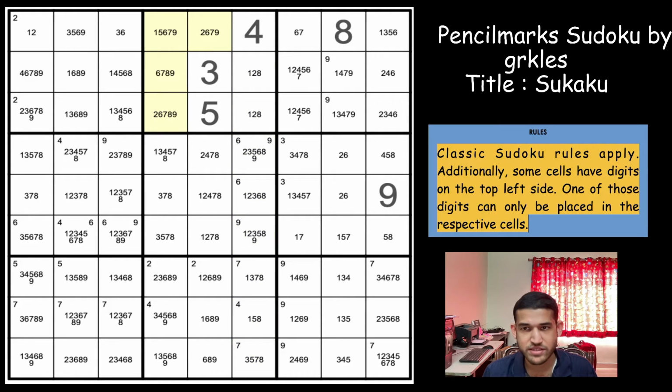Okay, now time for the 5s. So 5 is not here, and 5 is not here. Okay, 5 is not here. I'm looking at the boxes now, and let's look here. Okay, done.